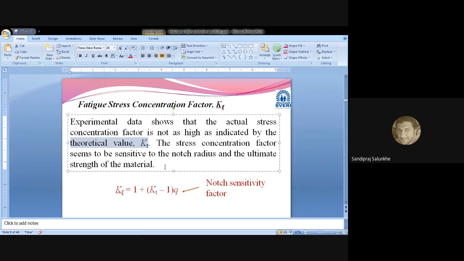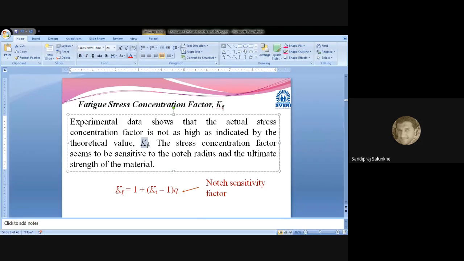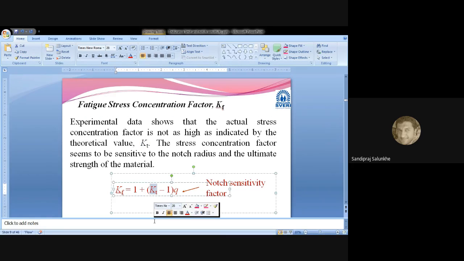Okay, so that Kf is known as the fatigue stress concentration factor, which we cannot take as it is as Kt, the theoretical stress concentration factor. Okay, so it is converted by means of this formula: 1 + (Kt - 1) × q, where Kt is the theoretical stress concentration factor. How it can be calculated, we'll see in the next slide. And q is the notch sensitivity factor.